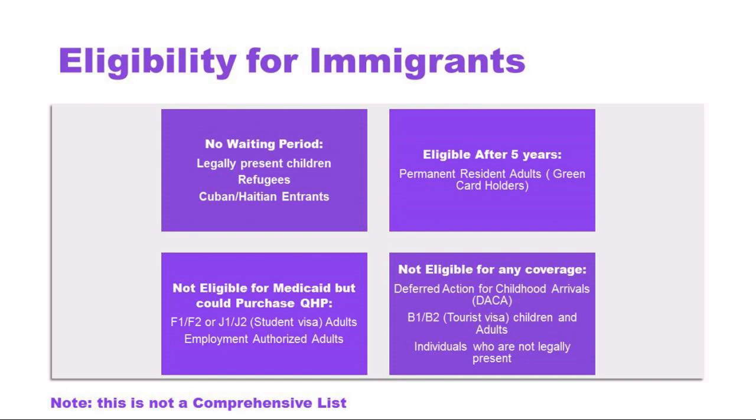Finally, people with Deferred Action for Childhood Arrivals status, also known as DACA, B1 or B2 tourist visas, and individuals who are not legally present are not eligible for any healthcare coverage through either Medicaid or the Marketplace. People who are not legally present can still apply for Medicaid on behalf of their legally present or U.S. citizen family members.